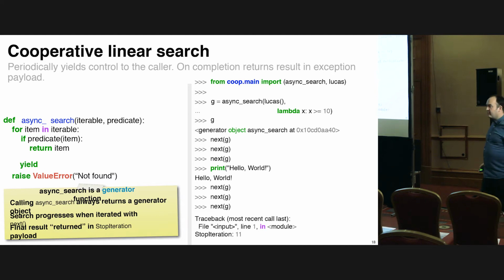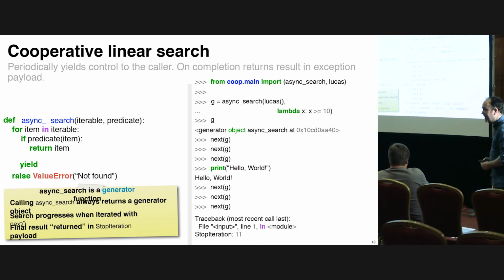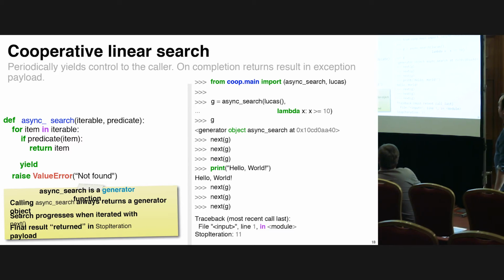Yeah, there are no stupid questions. What if you substitute return item with yield item, then my next function would be returning that value? Yeah, it would yield it.